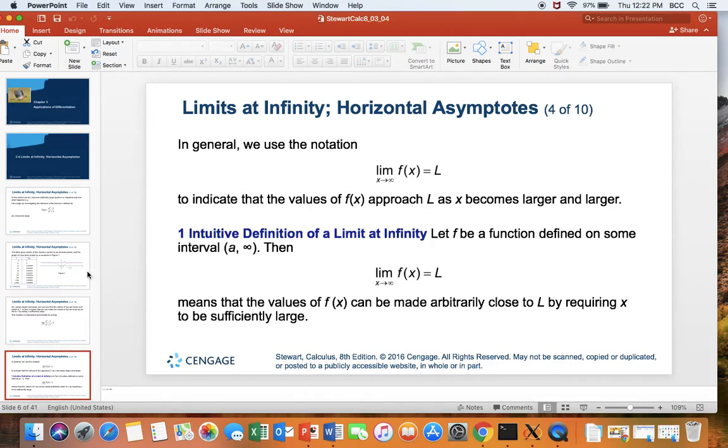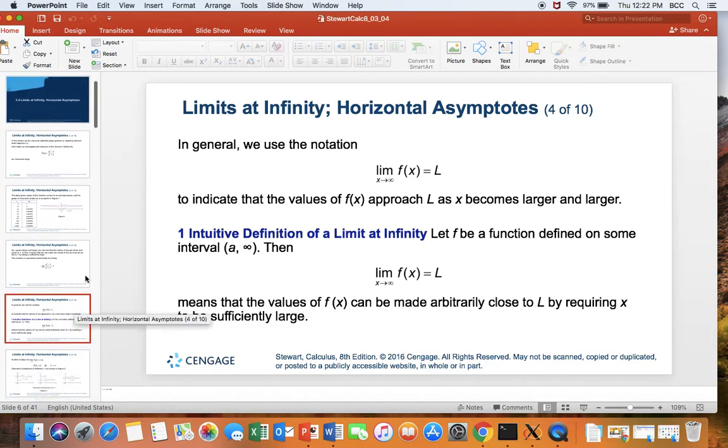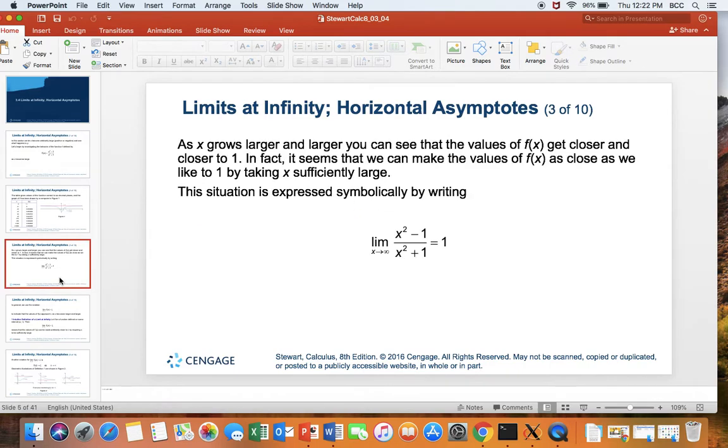Which brings us to more formalism. We use the notation limit as x approaches infinity of a function f(x) equals L to indicate that the values of f(x) approach that number L as x becomes larger and larger. If this confuses you, remember your previous example.